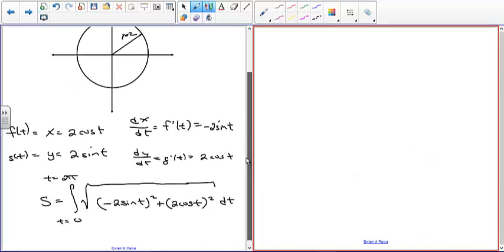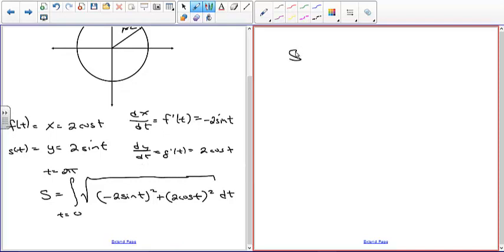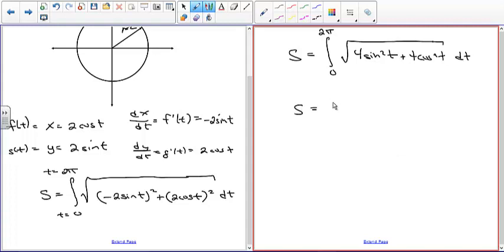So let's see what happens. We've got the integral from 0 to 2 pi of the square root of 4 sine squared t plus 4 cosine squared t dt. We can use the Pythagorean identity: sine squared t plus cosine squared t equals 1.